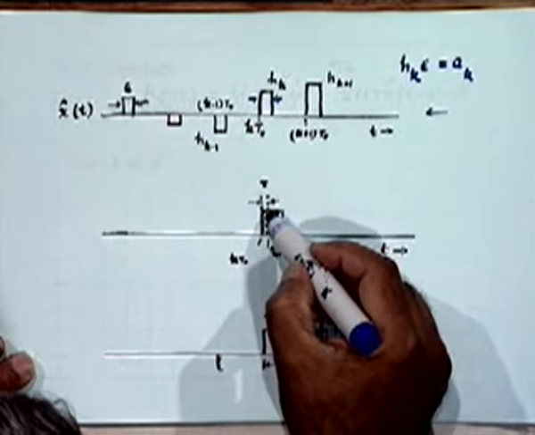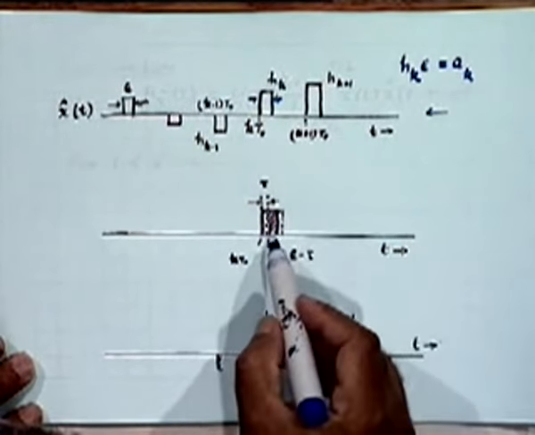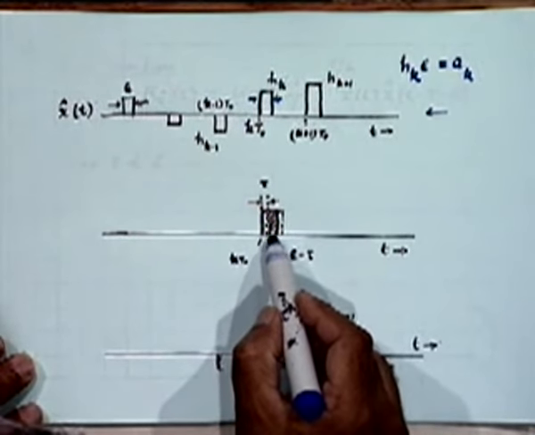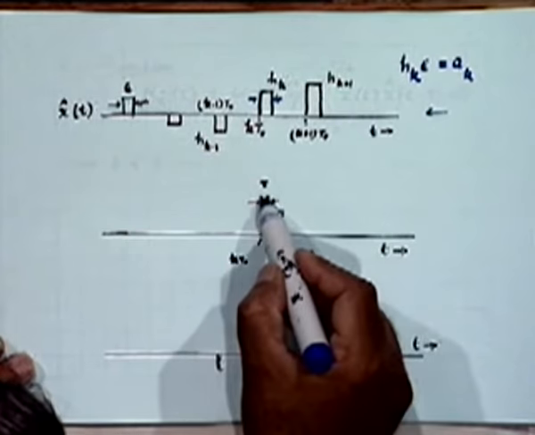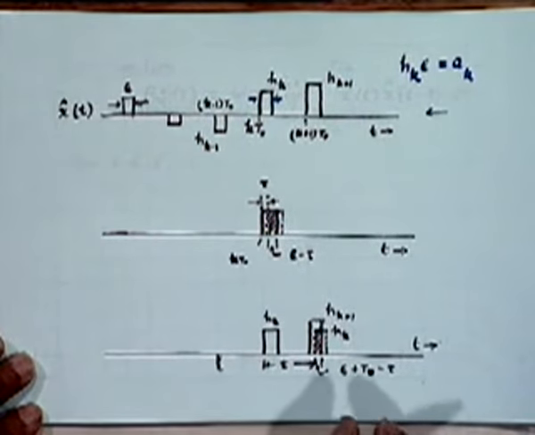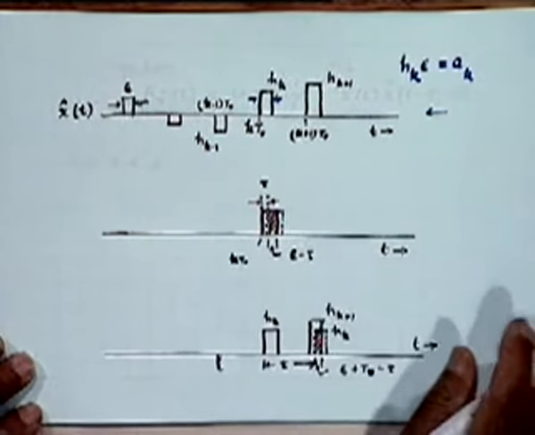This dotted waveform is shifted from the original pulse by an amount equal to tau, shown over here, a very small amount, which is less than epsilon, the pulse duration.